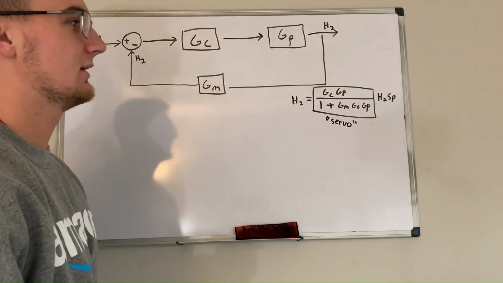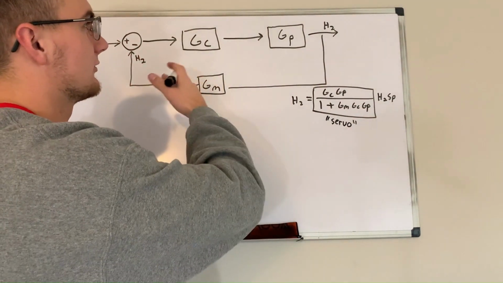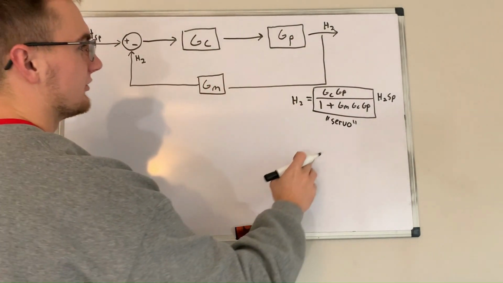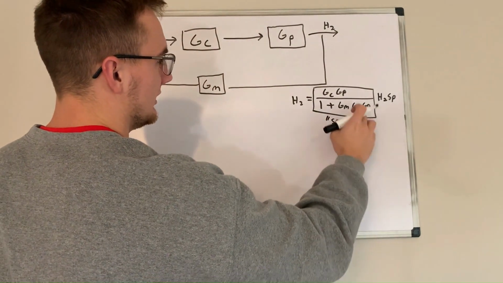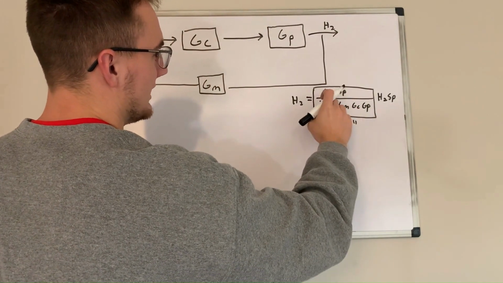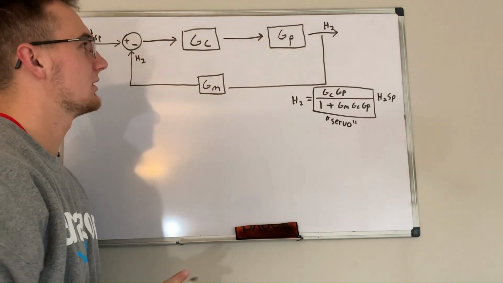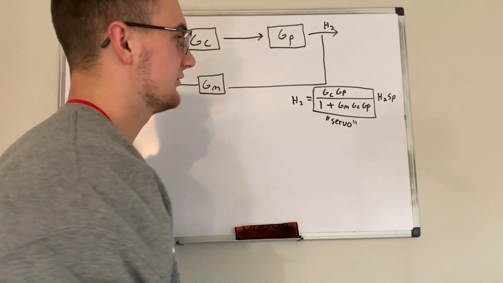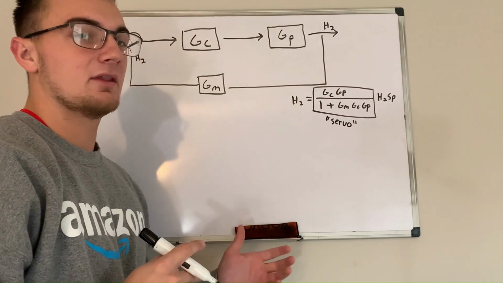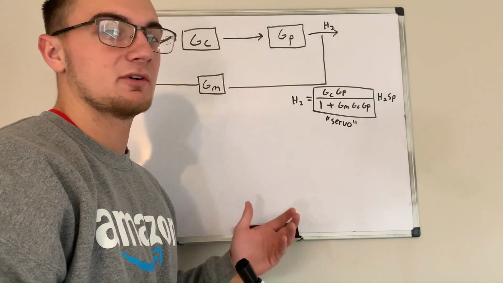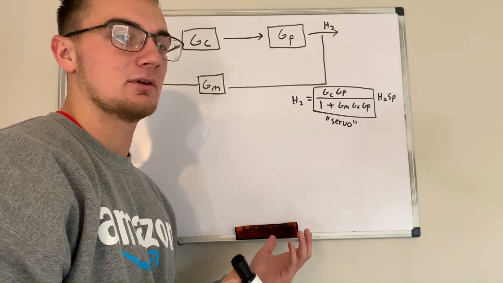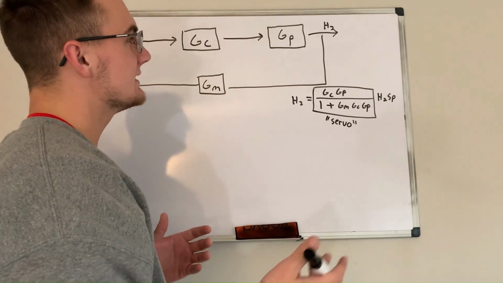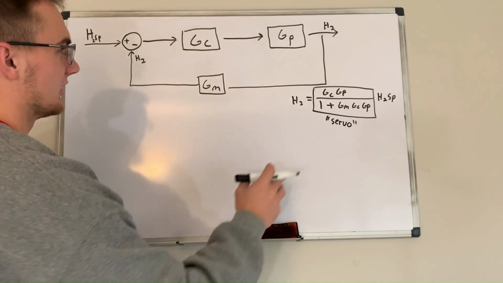Let's break it down into numerator and denominator of our forward and backward transfer functions in terms of polynomials. Looking at our servo function, we have this GC and GP, and if you remember, this is our transfer function in the forward direction. To denote the numerator and denominator of those transfer functions, I'm going to call it NF for the numerator of the forward direction, and DF for the denominator of the forward direction.